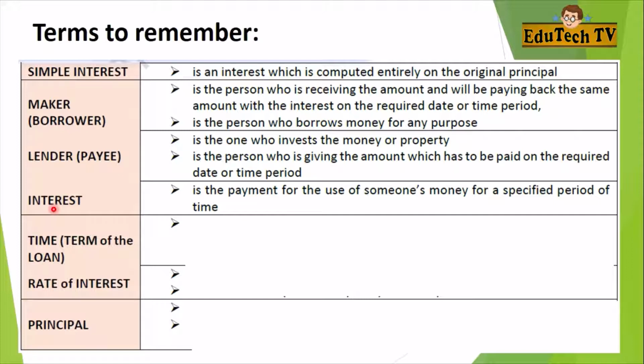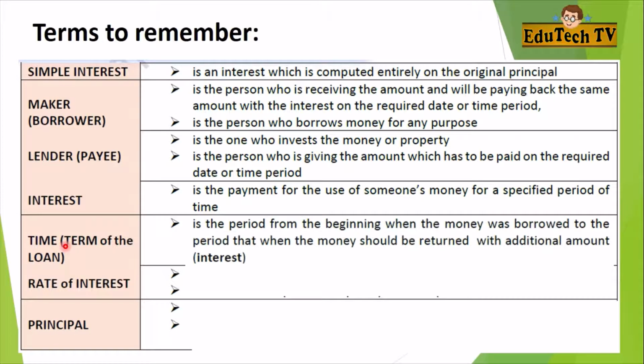And we have also time, sometimes called the term of the loan. Time is the period from the beginning when the money was borrowed to the period when the money should be returned with an additional amount, which is the interest.